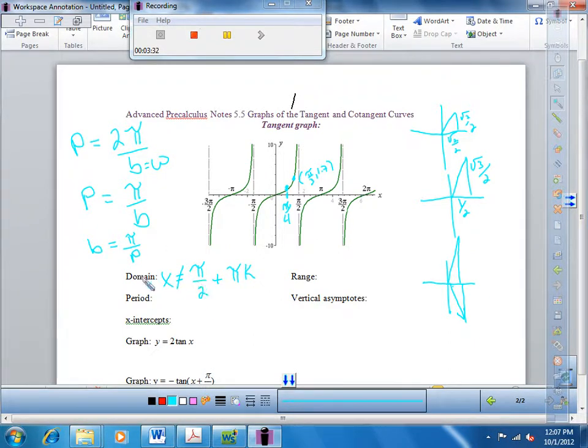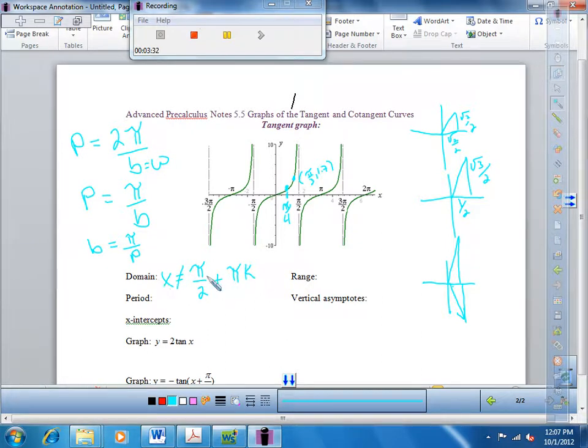So in other words, you cannot have any values that are pi over 2 plus or minus any multiple of pi. So pi over 2 plus pi gets you to 3 pi over 2, right? Minus pi gets you to minus pi over 2. Minus 2 pi gets you to minus 3 pi over 2. So that's what that means. It's pi over 2 plus a multiple of pi.